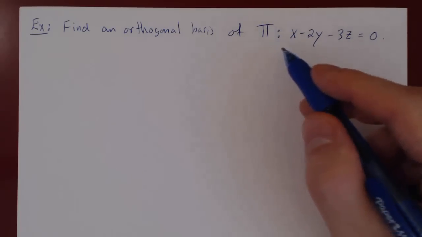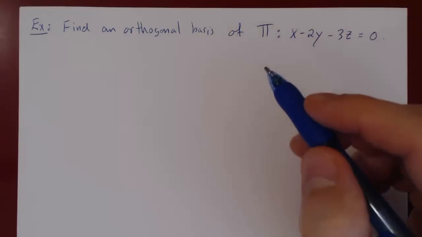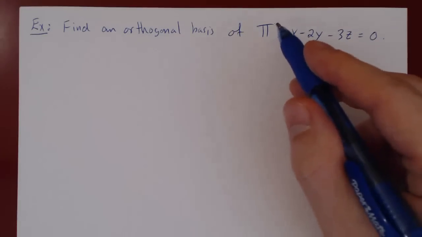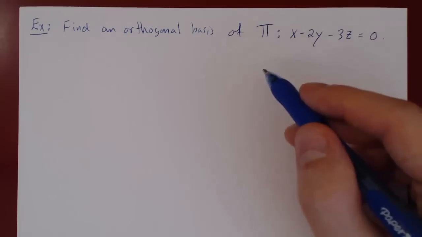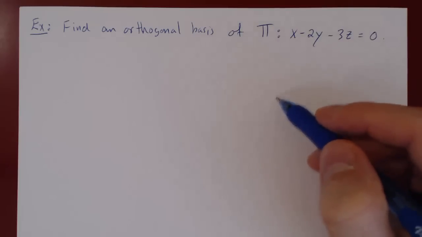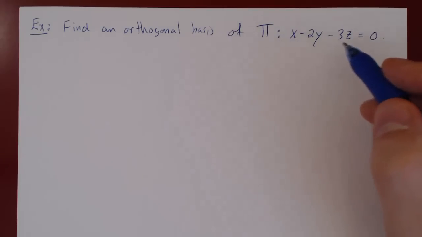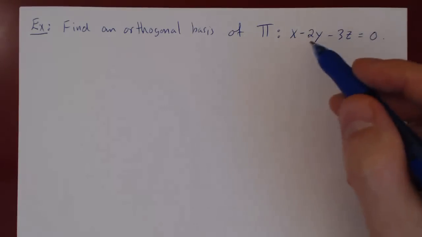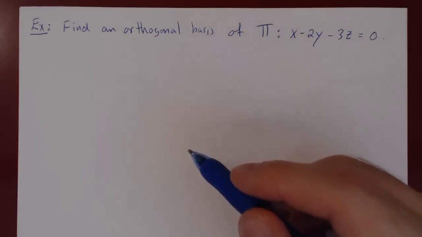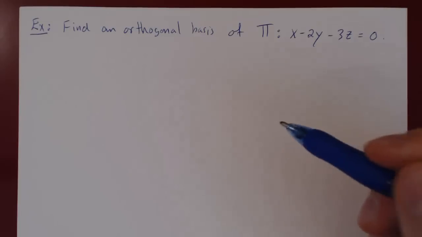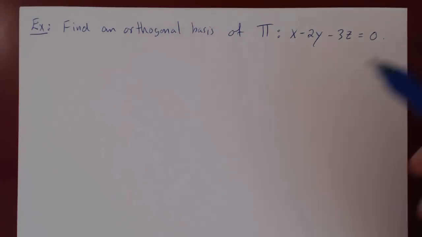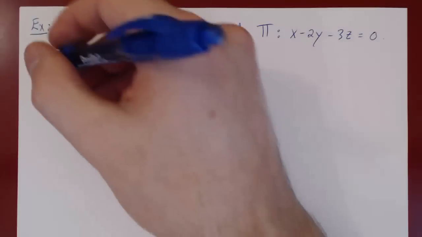Well, here, this is describing the plane implicitly because we're told the points or vectors on this plane are the points x, y, z, where x, y, and z are the solutions of this equation. Well, whenever you want the basis, you have to find the points or the vectors in your space explicitly, so we have to solve the linear system.